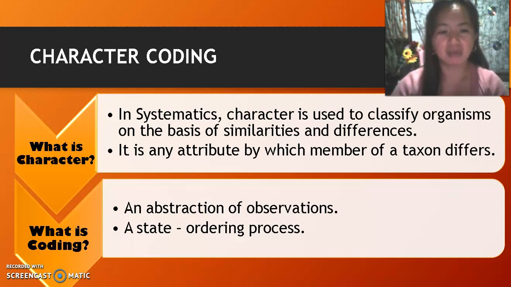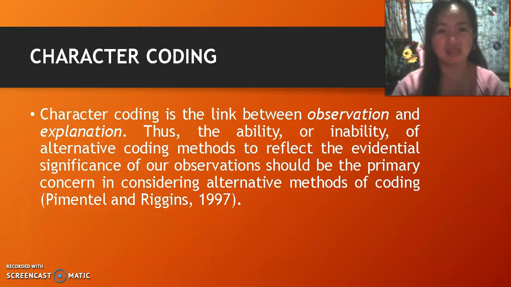Now, what is coding? Coding is an abstraction of observations. When we say abstractions, these are the perceptions or concepts of observations that we've gathered from the natural phenomena that we see in our surroundings. It is also known as a state ordering process.